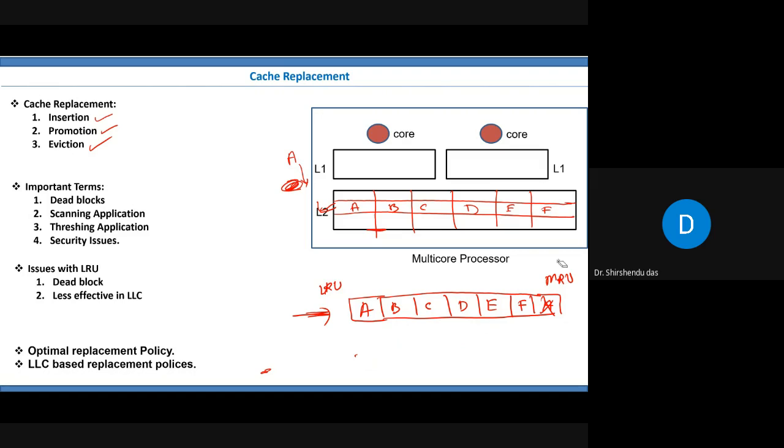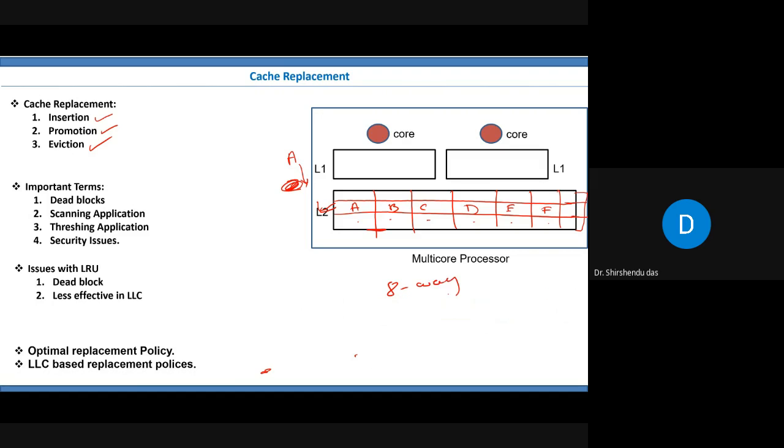Suppose there is a, how many ways are there? One, two, three, four, five, six. Six तो होता नहीं है, normally eight होता है. Suppose there is an eight-way associative set, and you want to maintain the LRU replacement policy. If you want to maintain the age bits of each way, there are eight unique combinations possible.